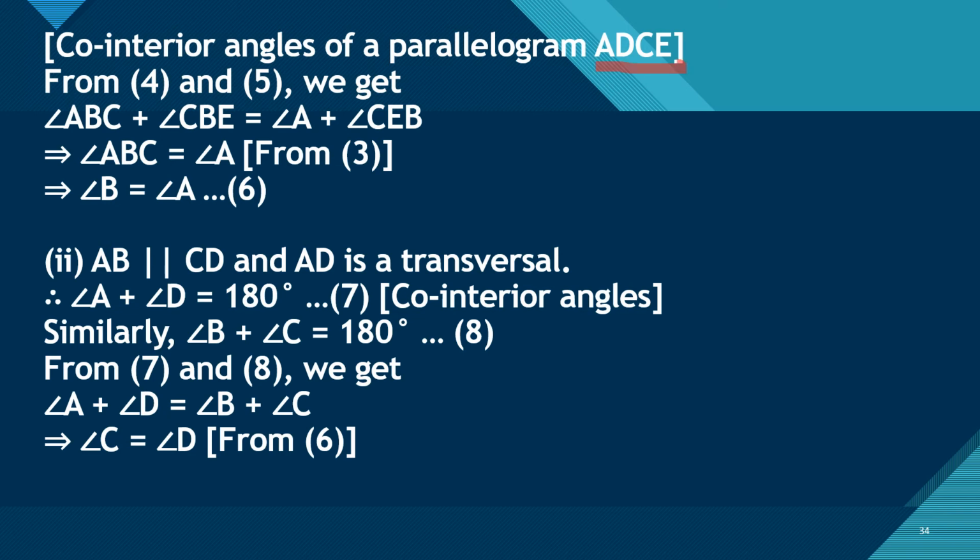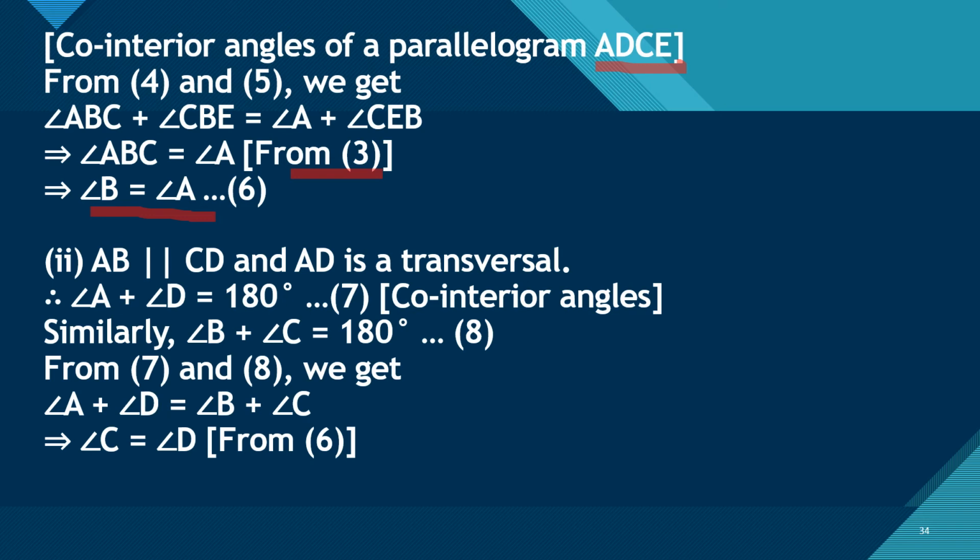From 4 and 5 we get angle ABC plus angle CBE is equal to angle A plus angle CEB. Angle ABC is equal to angle A from 3. So angle B is equal to angle A, and this is the sixth equation.